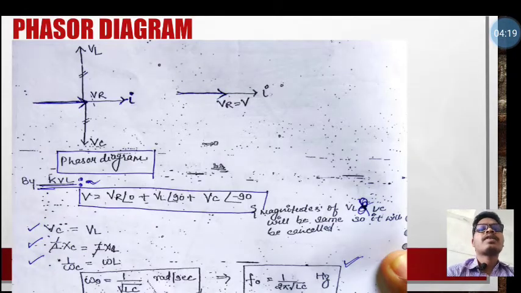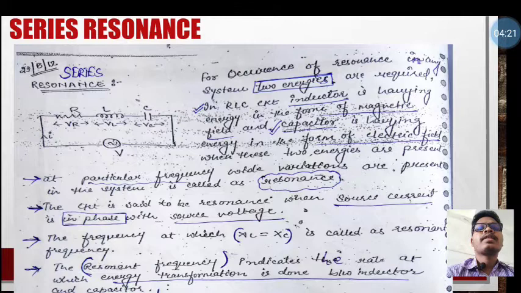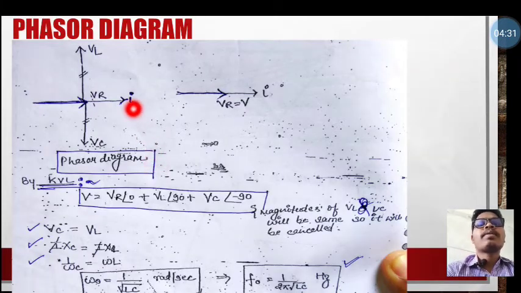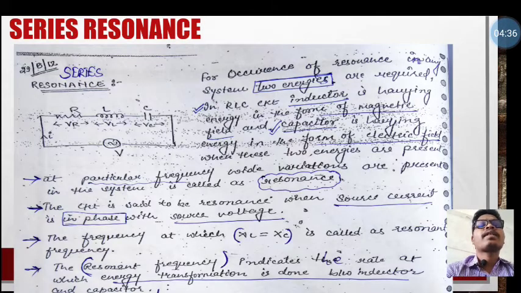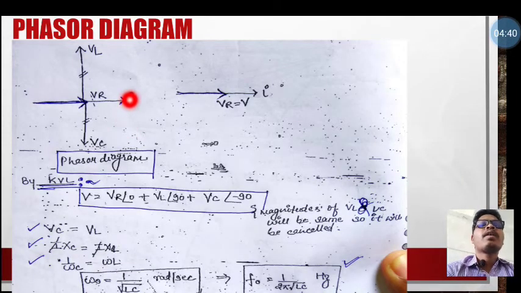Now come to the phasor diagram. We have already studied the parallel and series circuit. In the case of series we take the current as our reference phasor, and in the parallel circuit we take the voltage as the reference. Here we are taking the series circuit, so we take the current as our reference phasor.